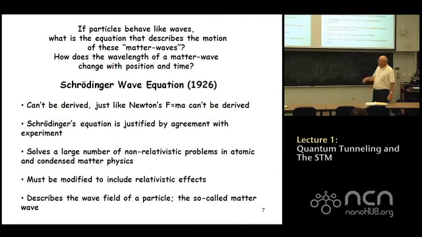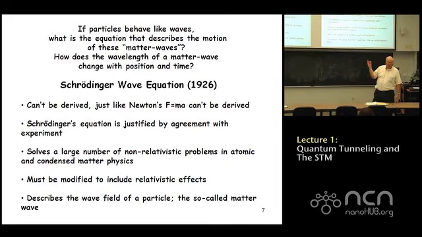I will tell you that this wave equation cannot be derived rigorously, right? It's a bunch of hypotheses that are logically driven, right? And the virtue of the wave equation is that it makes predictions that match experimental results.